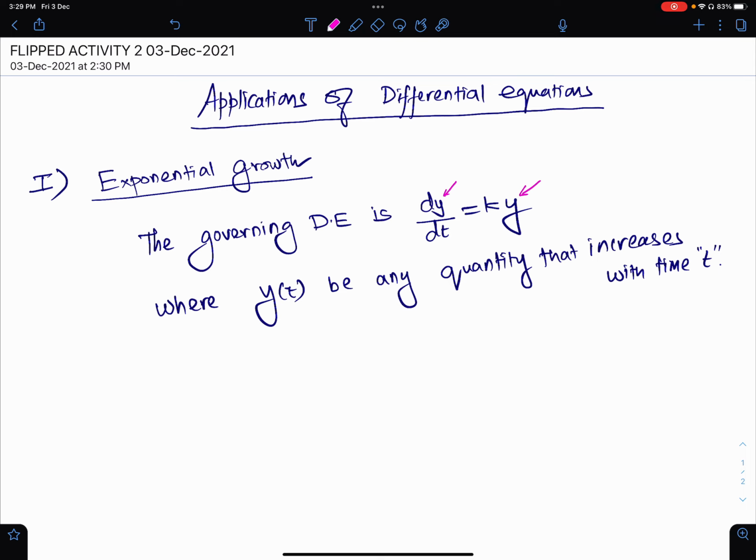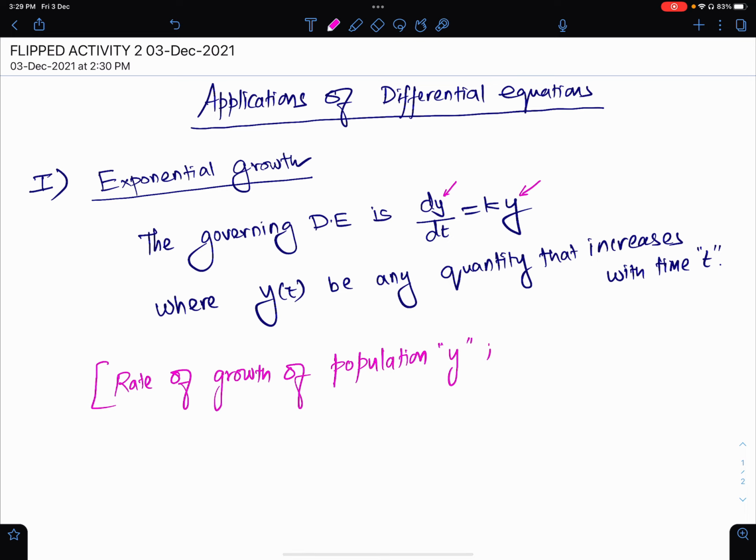If you assume y of t as a population, because the population is almost always increasing everywhere, then if y of t is the population of a country, we can say the rate of growth of population is proportional to the number of population present.